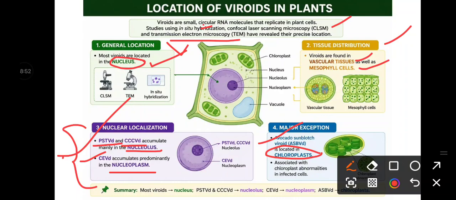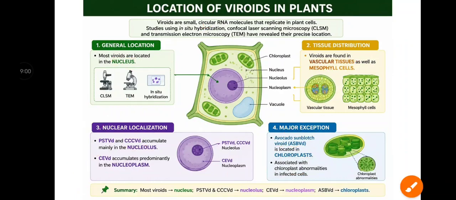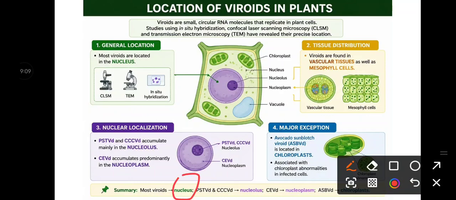As it is localized in the chloroplast, it is associated with some chloroplast abnormalities. Okay, for your memory, this is the summary. Most viroids are generally located in the nucleus. Potato spindle tuber and coconut cadang-cadang are located in nucleolus. Citrus exocortis in nucleoplasm, and avocado sunblotch viroid, which is an exception, is located in chloroplast.